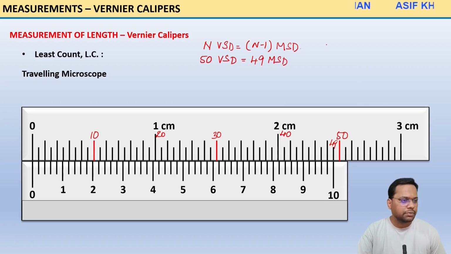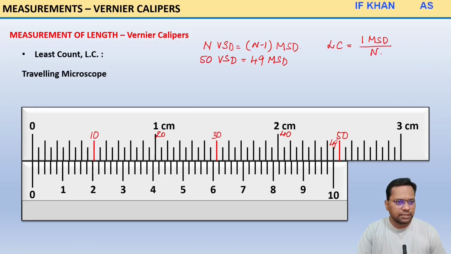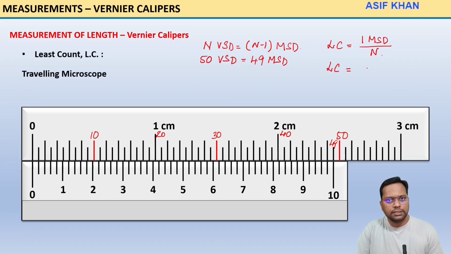So this is the principle, and we calculate the least count. So the least count formula is least count is equal to 1 main scale division divided by the total number of vernier scale divisions. So here we substitute the values. Least count is equal to 1 main scale division. Since 1 centimeter is divided into 20 parts, each division will be 0.5 mm.